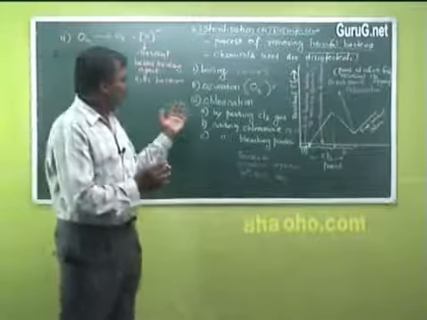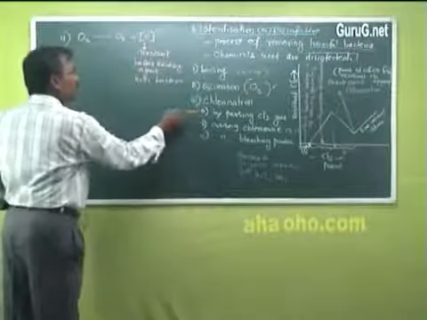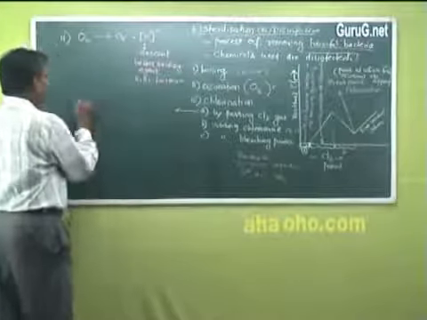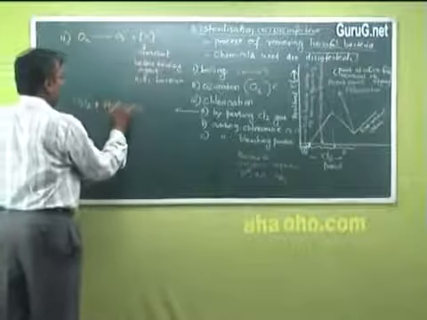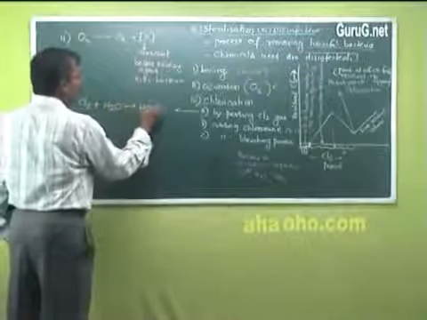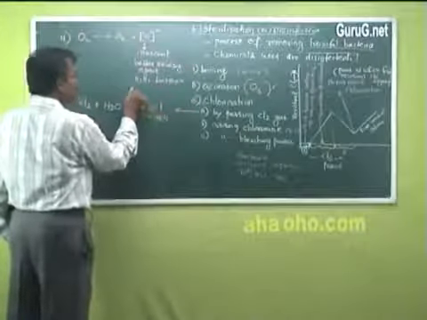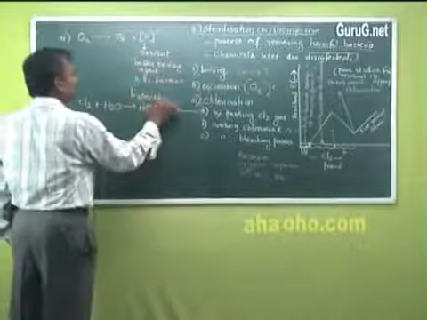First one is chlorination. It is done by passing chlorine. Chlorine reacts with water, forming HOCl plus HCl. This HOCl is nothing but hypochlorous acid.